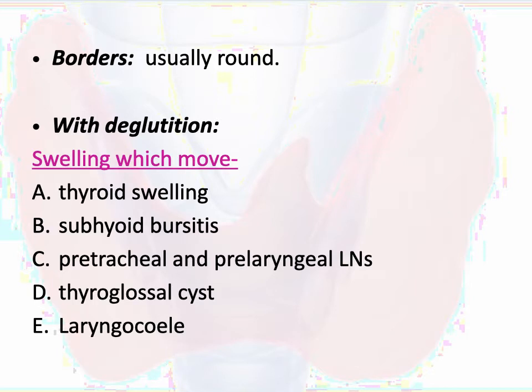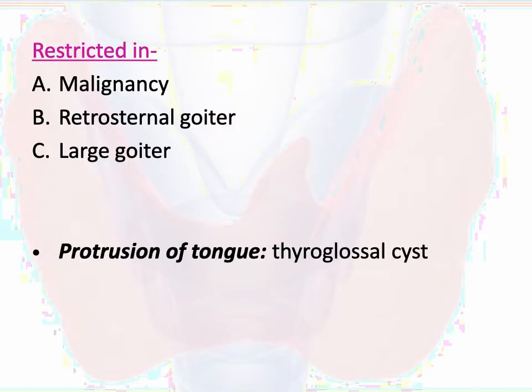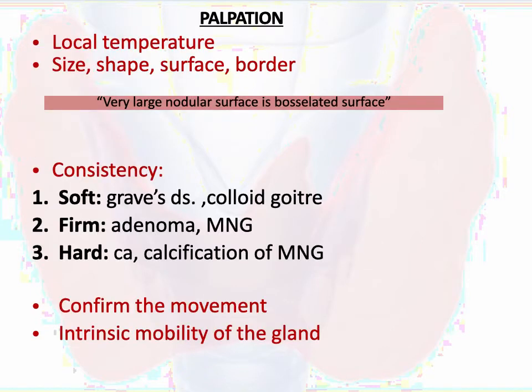Swelling which moves with deglutition is thyroid swelling, subhyoid bursitis, pretracheal and prelaryngeal lymph nodes, thyroglossal cyst, and laryngocele. Restricted in malignancy, it does not move; retrosternal goiter and large goiter. Now, protrusion of tongue, the gland will move in thyroglossal cyst. Why? Because I told you that it is attached to the hyoid bone, and it develops from the foramen cecum.